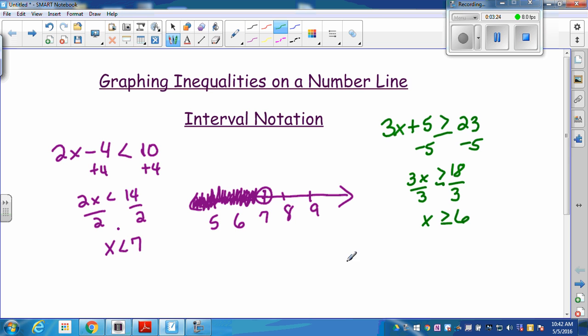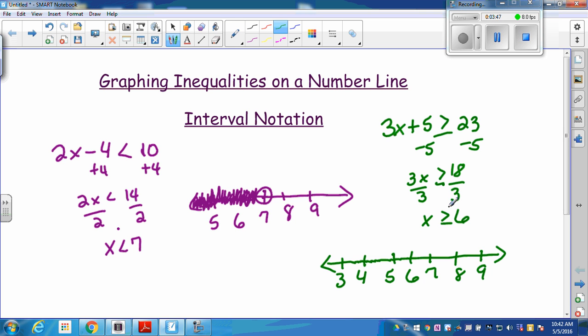So on this number line, okay, again, I'm going to indicate 6 here. So that's going to be my focal point, and write in a couple of values that are less than and greater than 6.